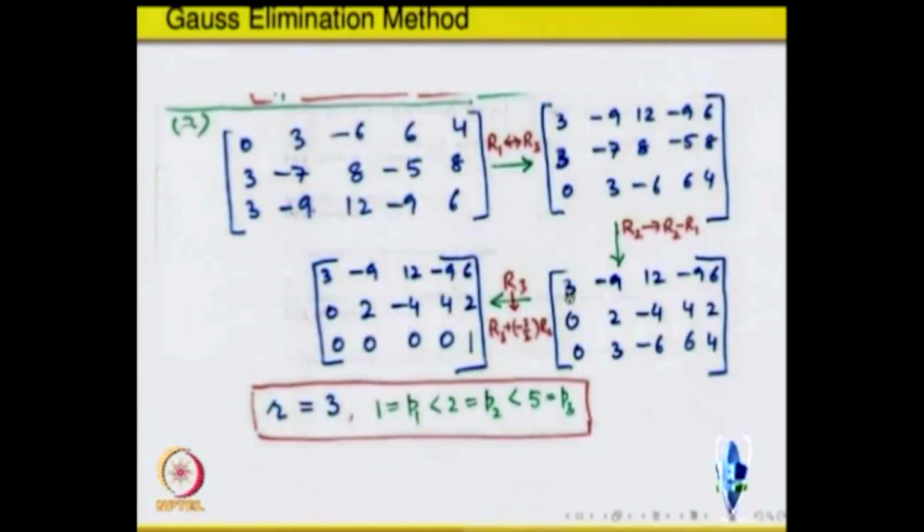In the first row, the non-zero entry is coming at the first place, 1. P1 is 1, P2 is 2, and what is P3? That is the last one, that is 5. P3 is 5. So P1 at the first column, P2 at the second column, P3 at the last column, okay.